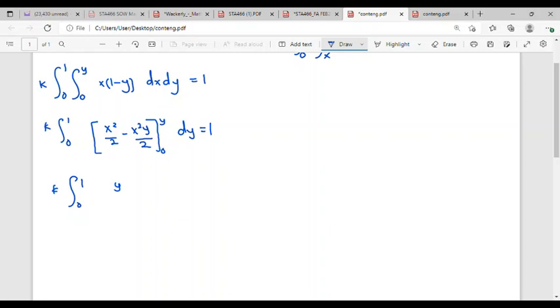Okay, so y square divided by 2 minus y to the power of 3 divided by 2, and then minus 0. We replace all the x with 0.